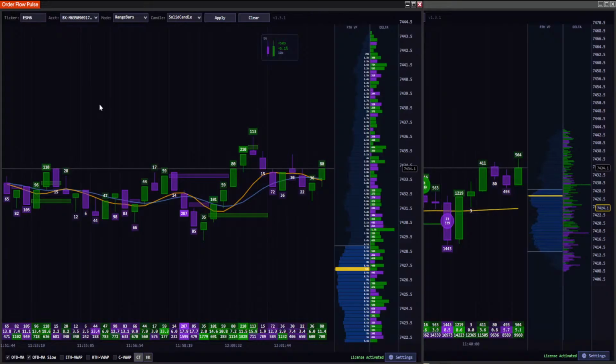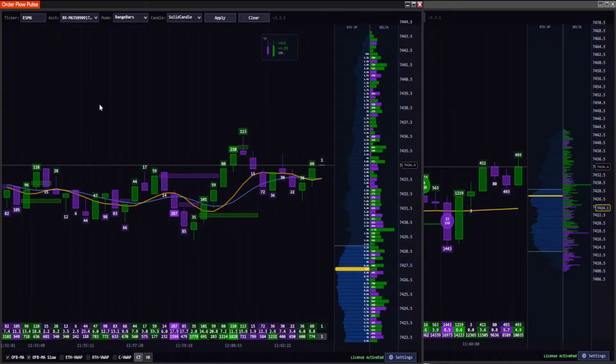What instrument are you trading? Rhythmic, yes. Okay. You trading ES, NQ? So you're able to install it. Are you seeing the order flow bar menu? Did you click on pulse chart?